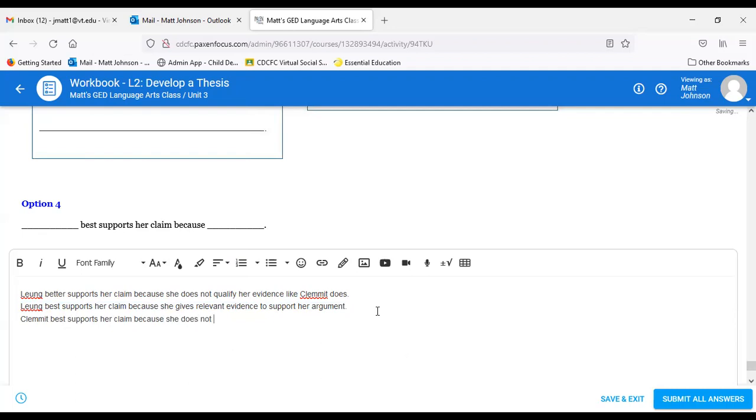Yeah, she does not use bandwagon rhetoric. Yeah, there you go. Right. So I think you're getting a handle on this. I'll put that one in the chat too.